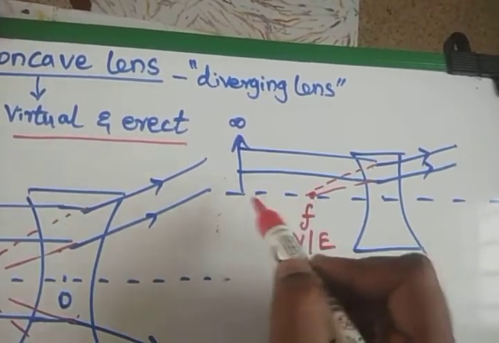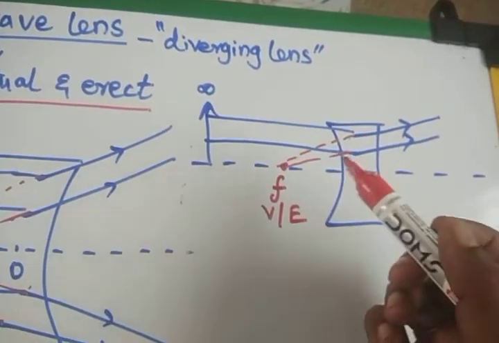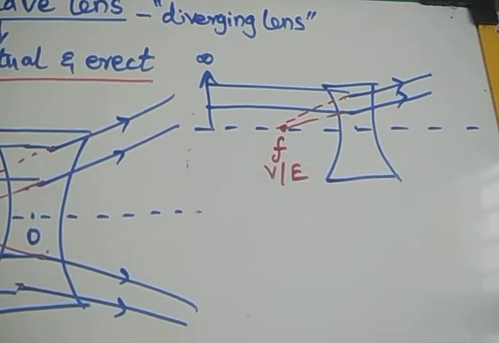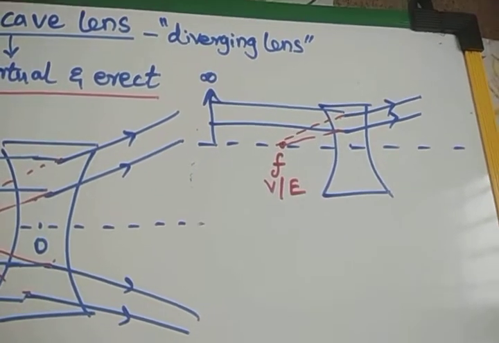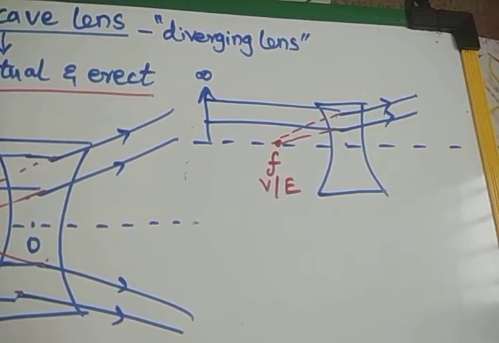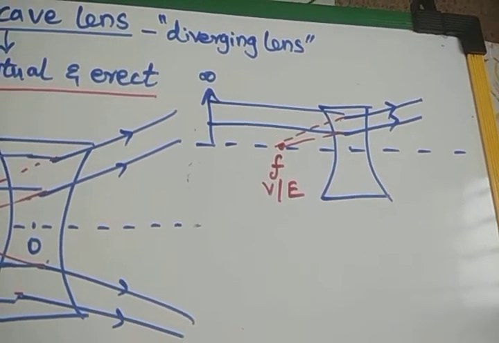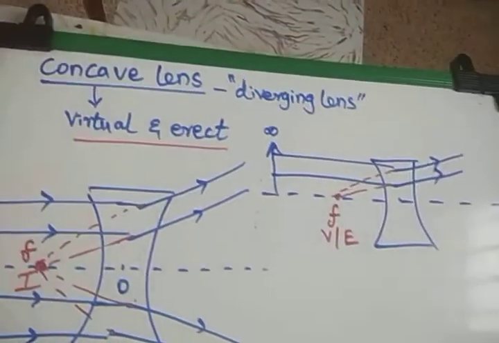For any other position of the object besides infinity, the image is also virtual and erect on the same side. It does not have different positions like the convex lens, beyond 2F, at 2F and so on. In all the positions it will produce a diminished image. Very clear?